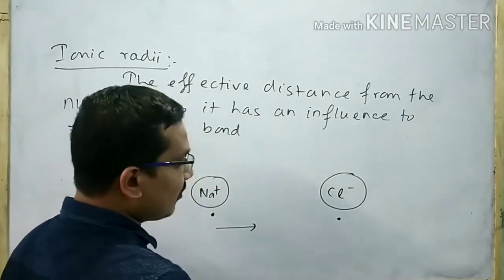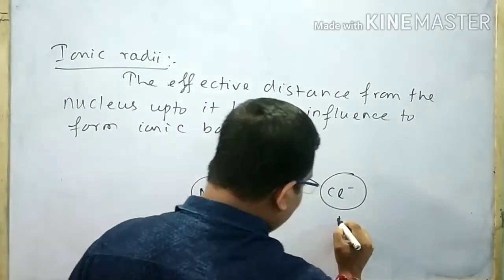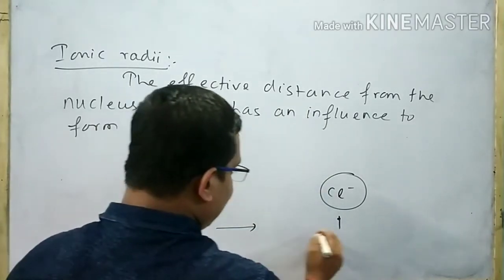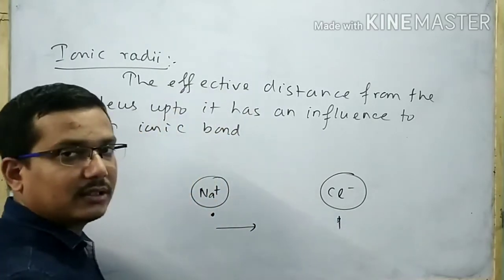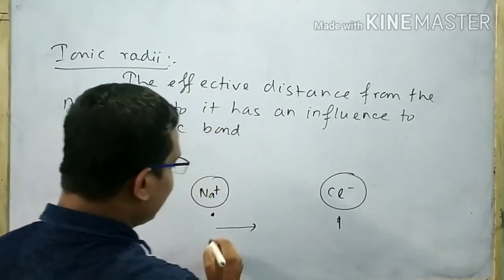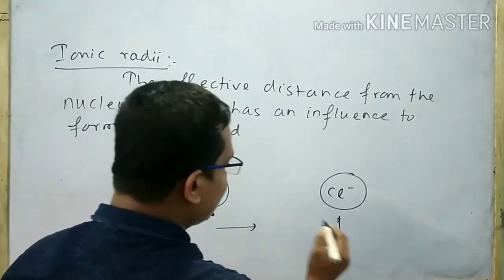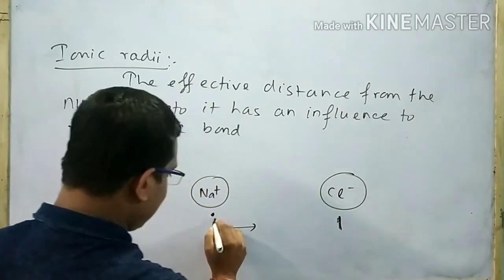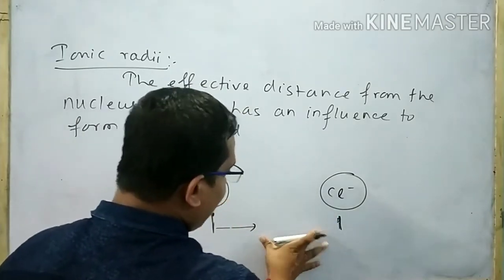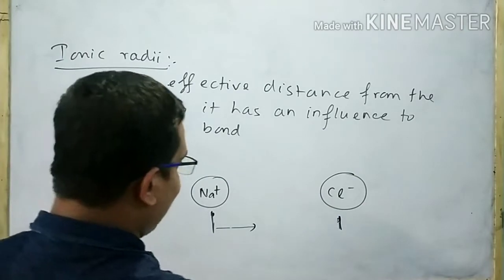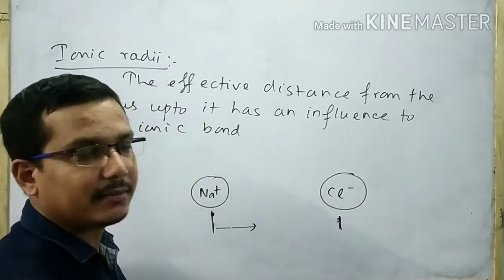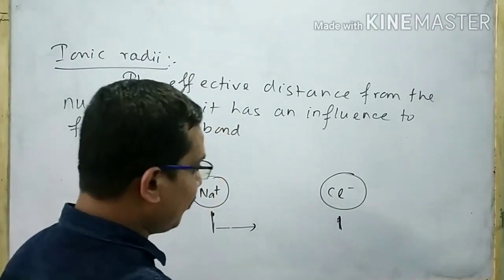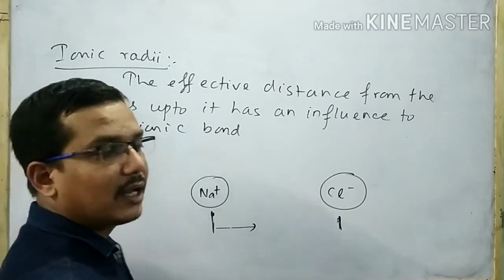Suppose at this point the attraction between the Na plus ion and the Cl minus ion is minimum. At these 2 points, this is the maximum distance at which the Na plus ion and Cl minus ion influence each other with the least attraction force.